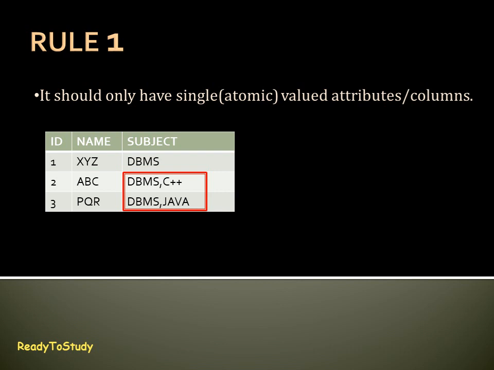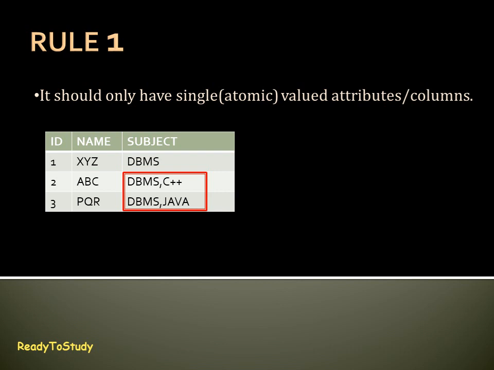So there is only one value here, DBMS as a subject. That is a single valued attribute, because the first student has entered only one value here, DBMS. So that is called a single valued or atomic attribute.